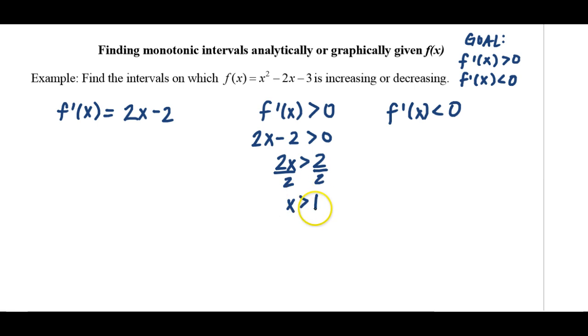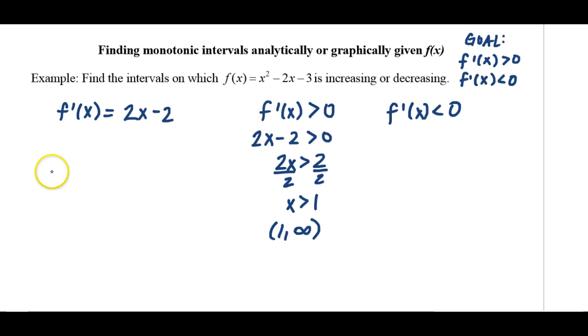So I would get the interval when x is greater than 1. So the derivative function is positive when x is greater than 1, or in interval notation, from 1 to infinity. So if f prime is greater than 0 from 1 to infinity, that means that f is increasing on the interval from 1 to infinity.